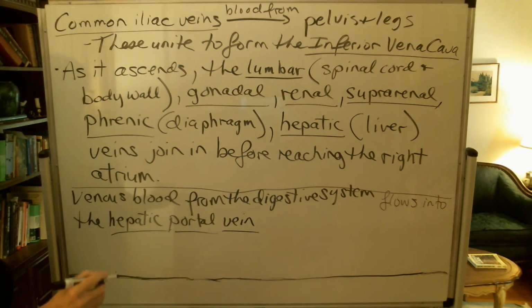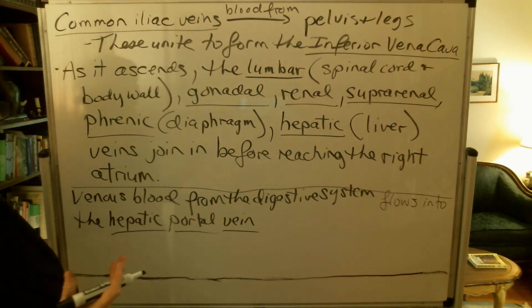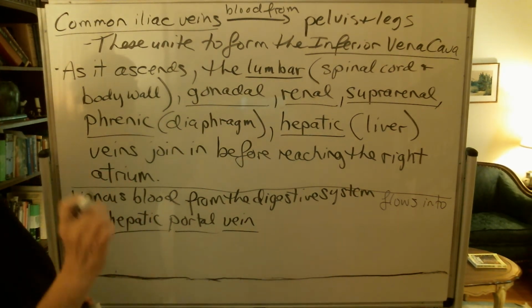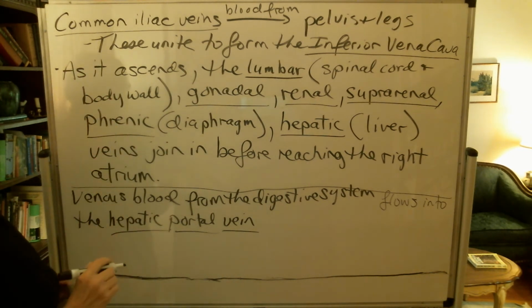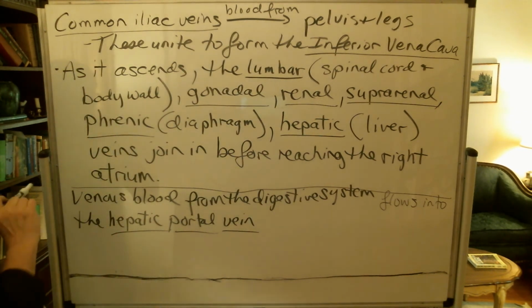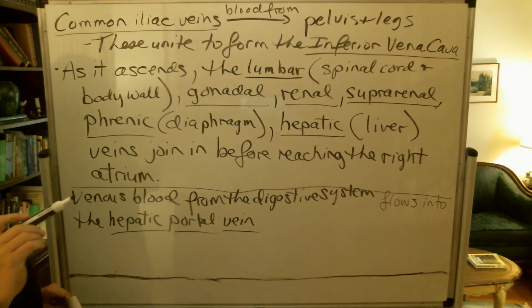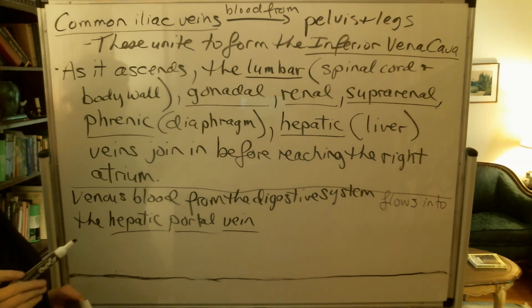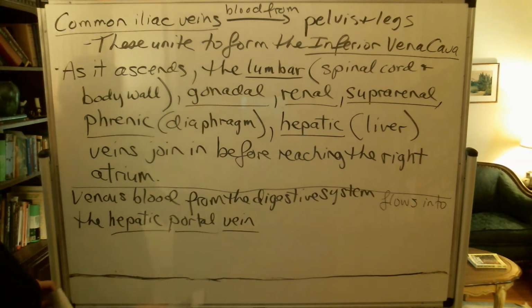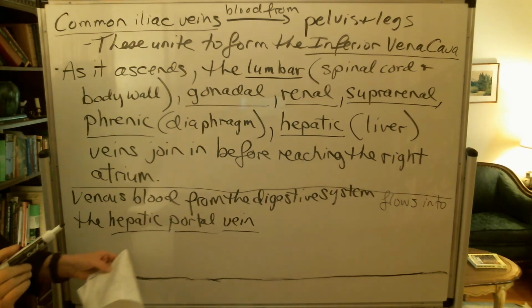So the venous blood from the digestive system does not go immediately back into the inferior vena cava. Instead, you wind up having this blood, which is nutrient rich, flowing from the digestive system into the hepatic portal vein.